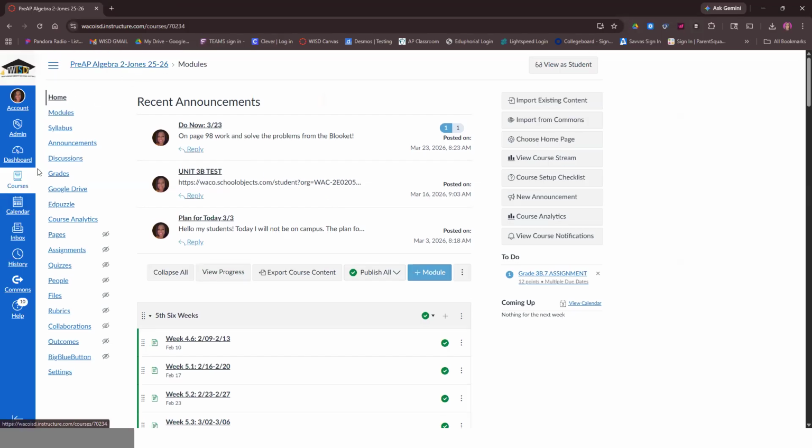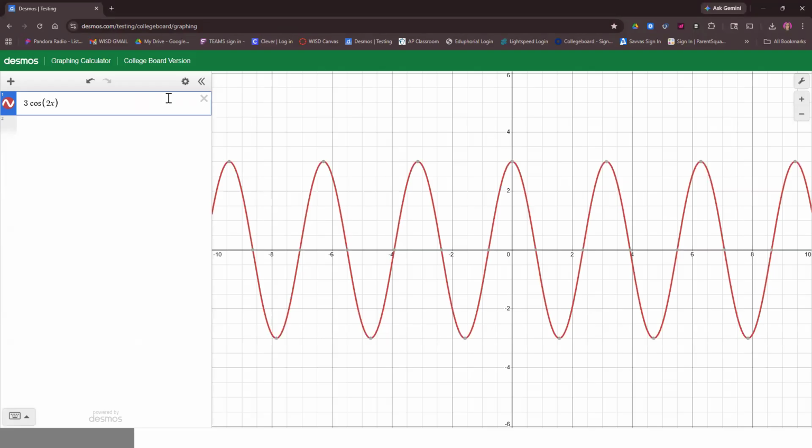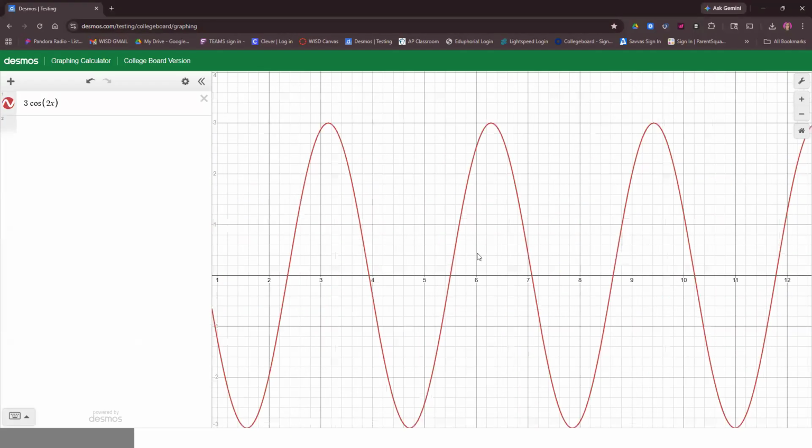That is not y'all. I just need the calculator. All right. So when I say visualize it as cosine, I'm going to type this in as a cosine function. So we're going to type it in as 3 cosine of 2x. Okay. I'm going to adjust.